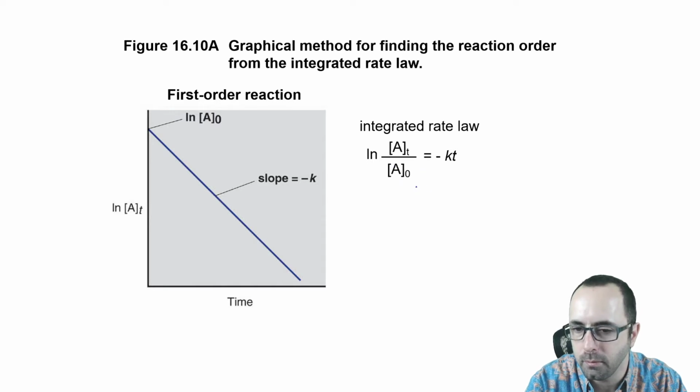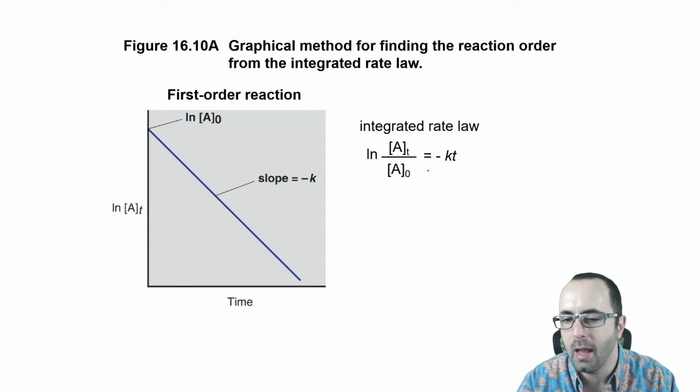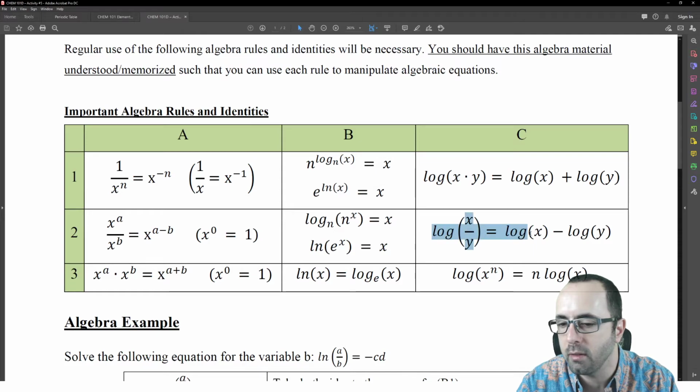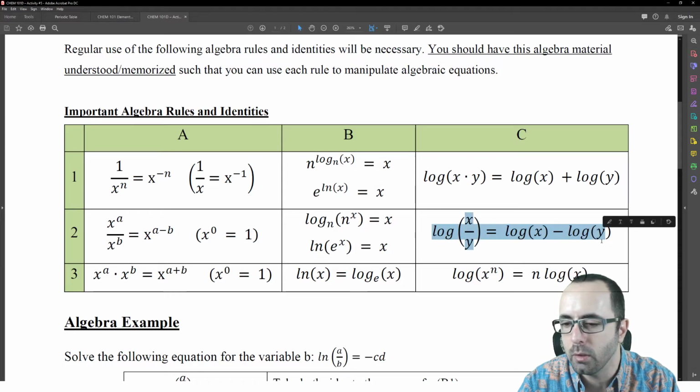If we take this here, we can apply this algebra rule, where if you had 2 logs divided, it is equal to the separate logs subtracted.